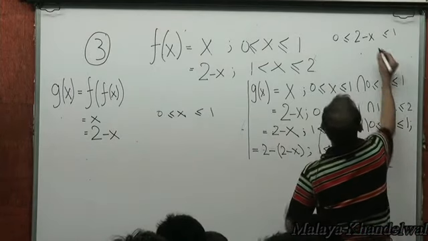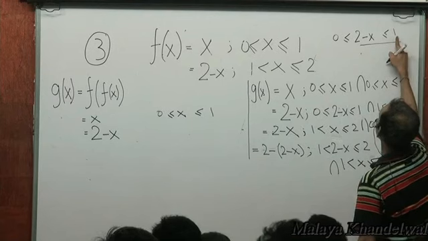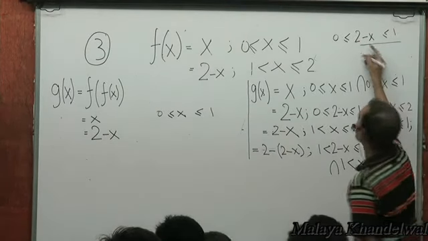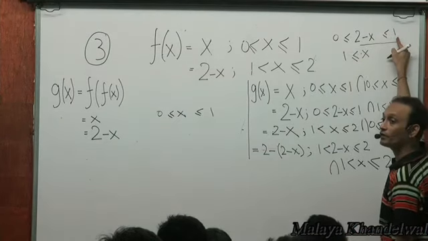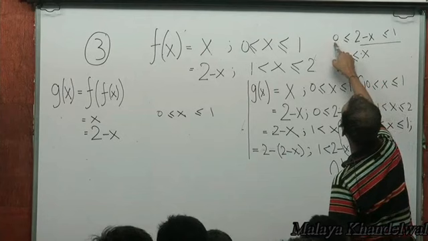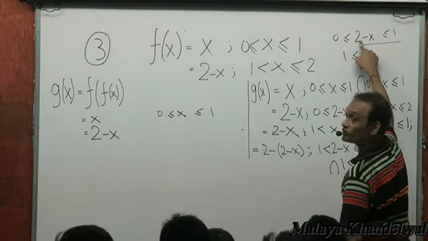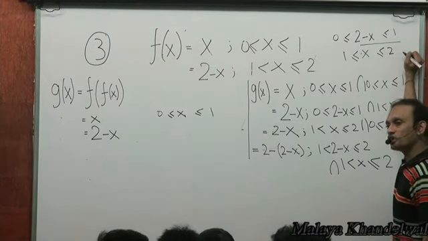Okay, Sparsh. Look at this side of the inequality. Bring x on this side and 1 on this side. You get x greater than or equal to 1, isn't it? Now look at this side of the inequality. Bring x on this side, leave 2 on this side: x less than or equal to 2. This is what you get. Yes or no?